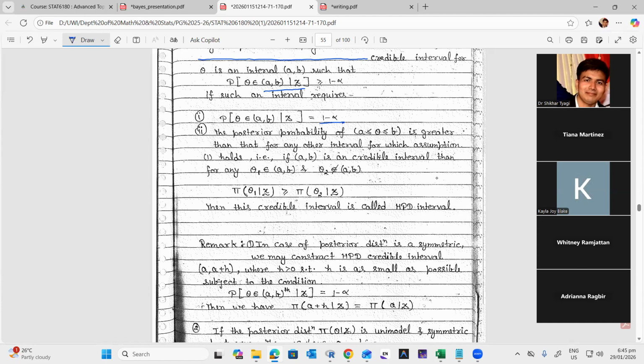And the second condition is that the posterior probability of theta inside the interval is greater than for any other interval for which assumption one holds.